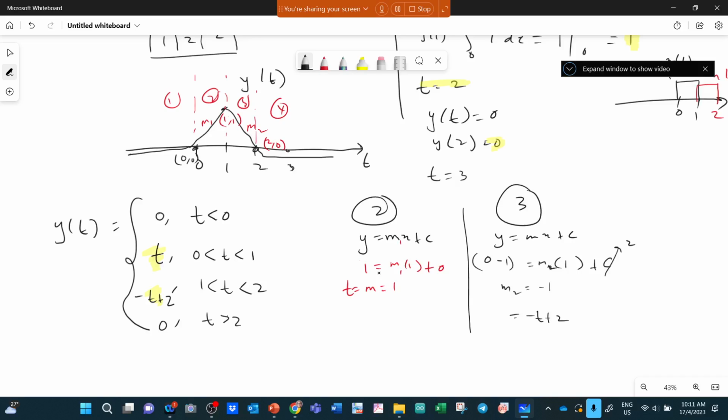That is for number 3 here. Any question? Okay, so this will be the final equation here.